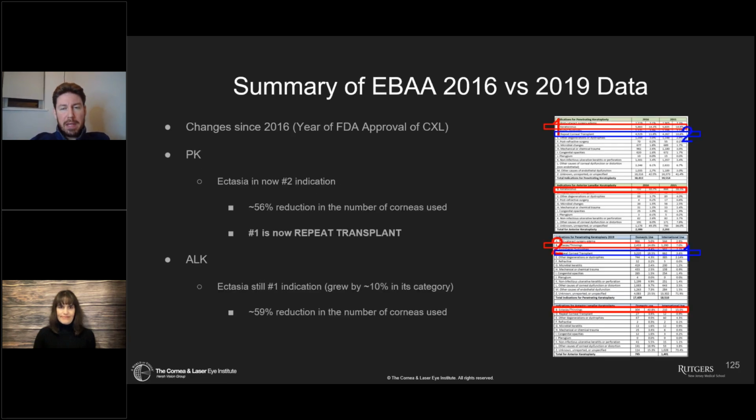And if we go to the eye bank data here, if we compare in the US pre-FDA approval to even 3 years post FDA approval, we can see that corneal ectasia is now the second most common indication, a 56% reduction in the corneas used. And the number one reason for transplantation is now repeat corneal transplant. So it's a significant change.